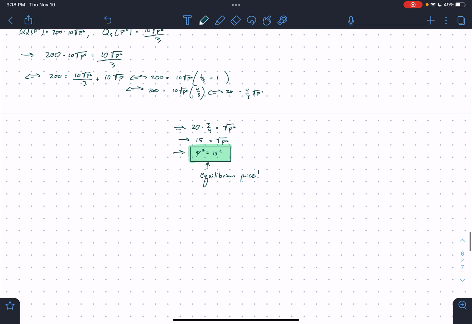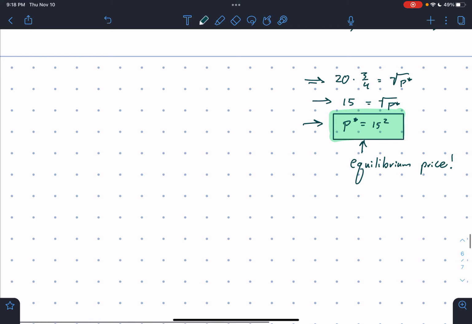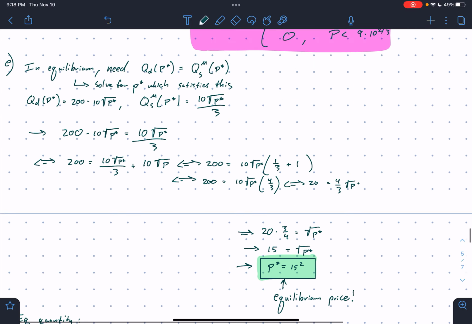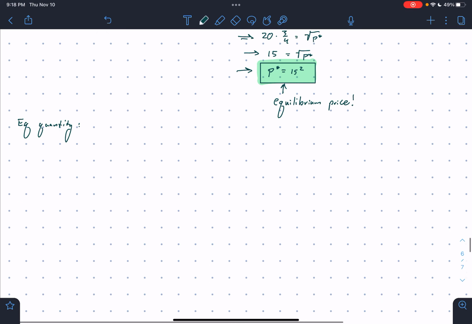Now, we just need to find the quantity in equilibrium. So, we can either plug it into the demand function or the supply function. Since these will be equal at the equilibrium price, it's going to be exactly the same answer. I'm just going to plug it in here, just for kicks. Q star is going to be QS of P star.